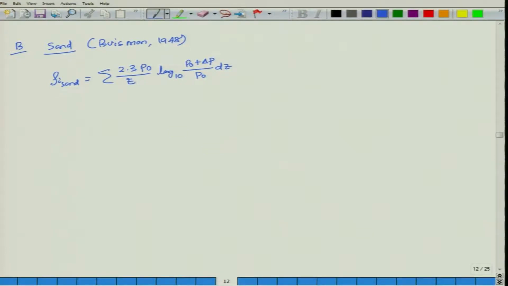P0 is your initial effective overburden pressure before loading.